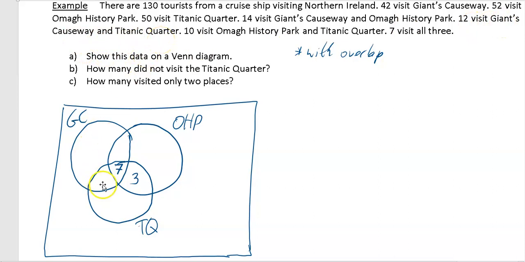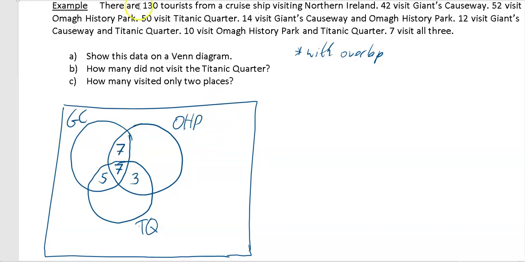So Giant's Causeway and Titanic Quarter was this overlap here, it's sort of oval, and that was 12. So 7 plus 5 gives you the 12. And then the next one says 14 visit Giant's Causeway and Omagh History Park. So that's 14 for Giant's Causeway and Omagh History Park. So 7 plus another 7 gives you the 14.